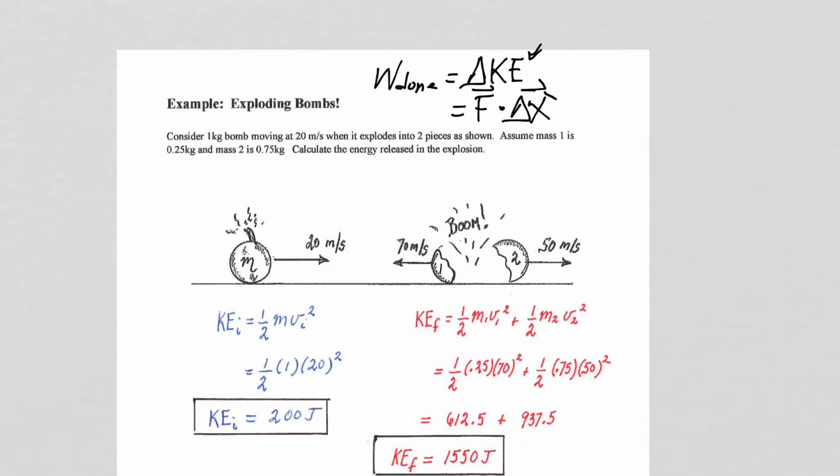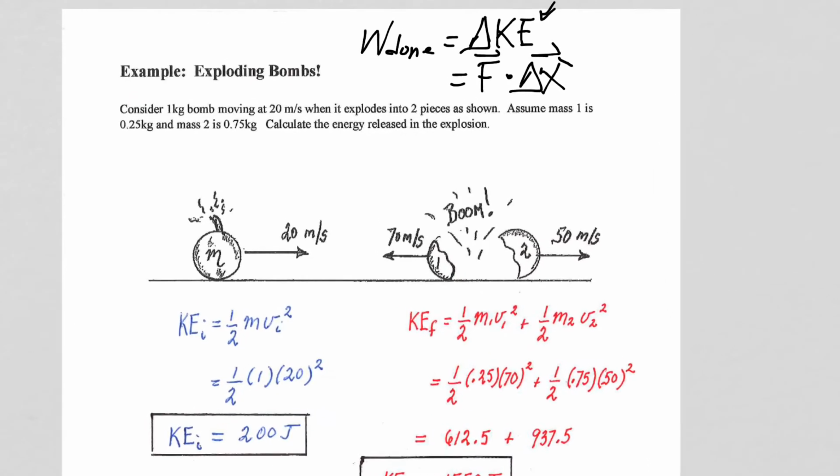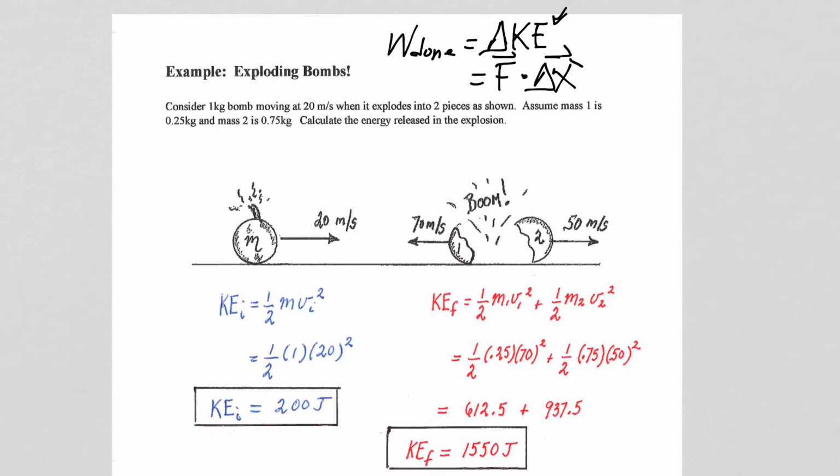The other thing, specific to this problem, is when they're asking you the energy released specifically in explosions, you need to know that you have to focus solely on the change in the kinetic energy. So let's see what we're looking at here. We're told we have a 1 kilogram bomb moving with a speed of 20, and the explosion occurs, boom, and it's broken off into two pieces.